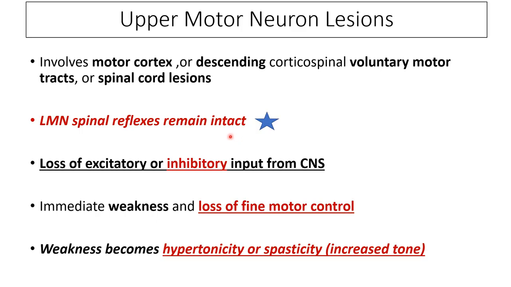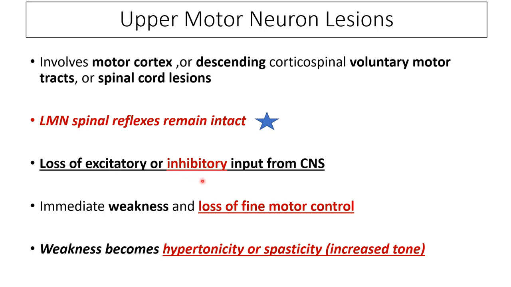They remain intact, but now they're not being influenced by the damaged upper motor neurons the way they should be influenced. So there could be loss of excitatory action. If you're trying to voluntarily move a limb, that's going to be hampered by an upper motor neuron problem.